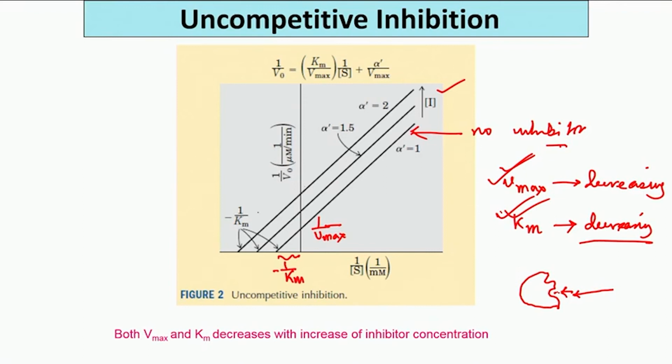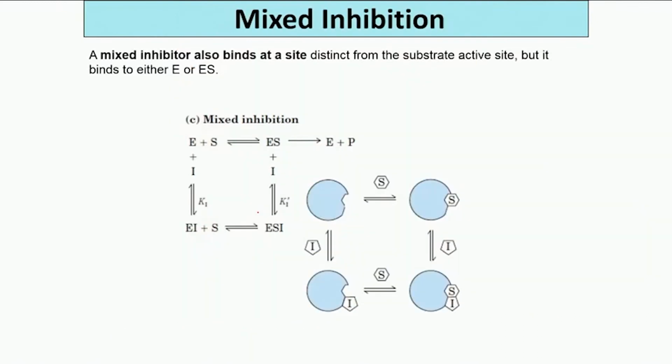If you have an inhibitor in hand, the first thing we do is check whether there is any inhibition, and then we try to see whether the inhibition is competitive or uncompetitive. And there is one more, which is called mixed inhibition, also known as non-competitive.